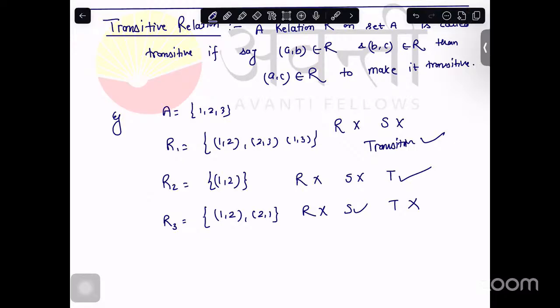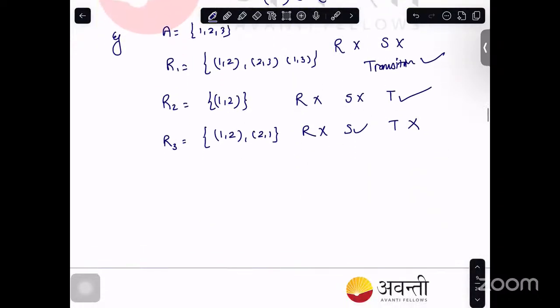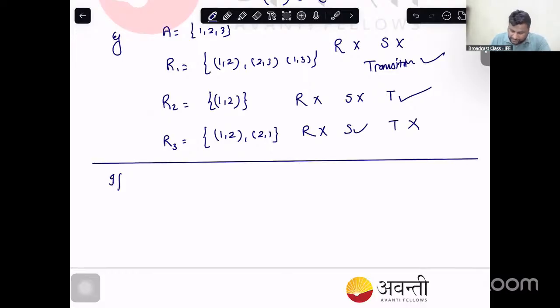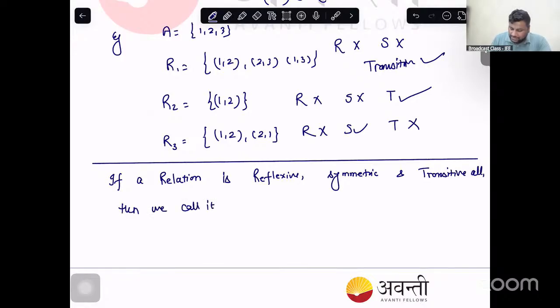Yes, sir. Now, there is a very important point. If a relation is reflexive, symmetric, and transitive, all, then we call it an equivalence relation.